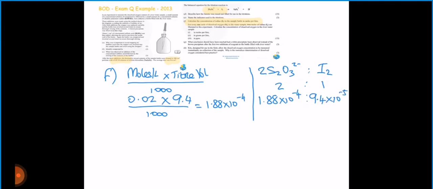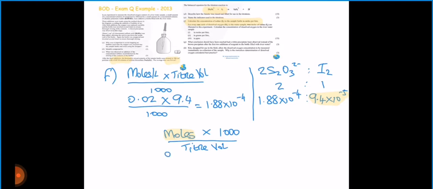Then you can move on to step 3, and step 3 uses the formula of moles multiplied by 1000 divided by your titre volume. This moles here is the moles of your iodine that you've just figured out.